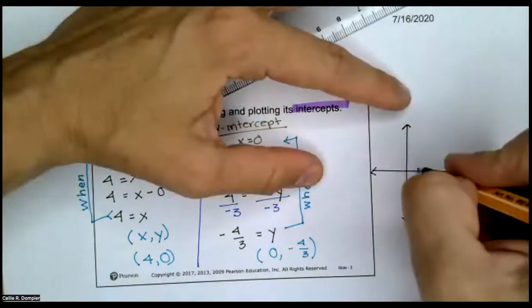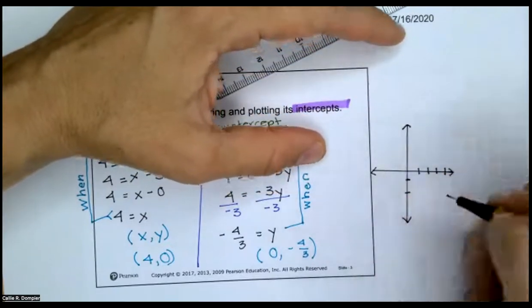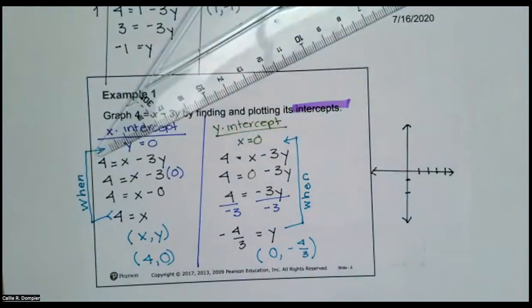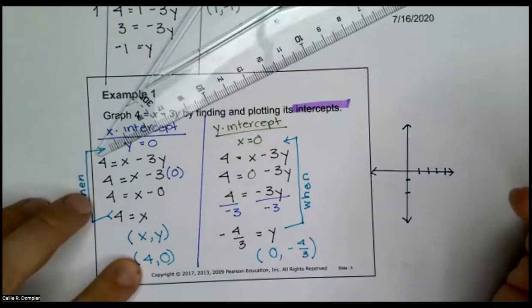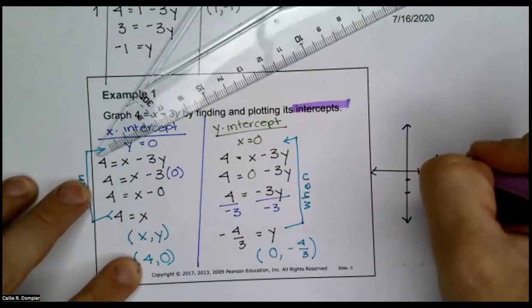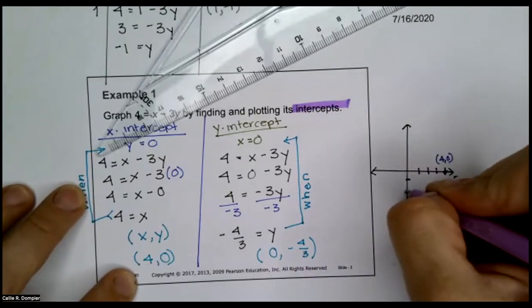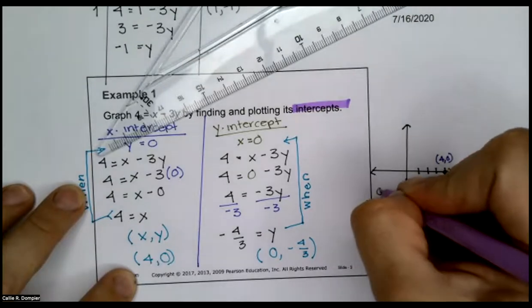X is 4, so I need to go out 4. Down 2. We said 4, 0 will be right here. And then we need 0, -4/3.